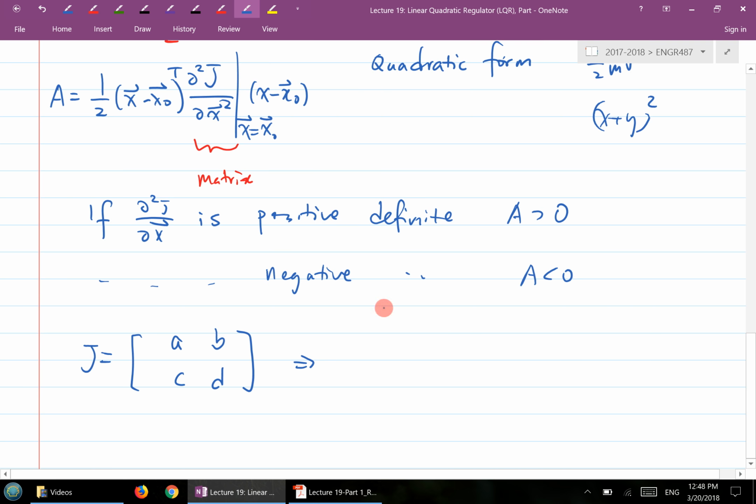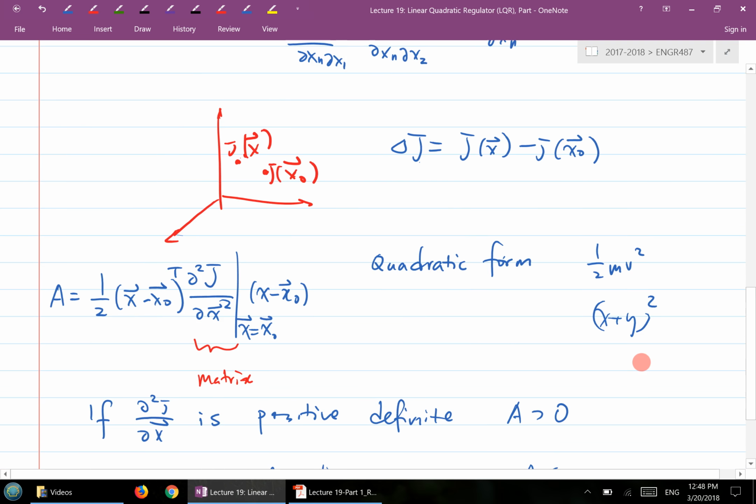You can look at the determinants of all the submatrices. If A is greater than 0 and AD minus BC is greater than 0, then that basically means this is a positive definite matrix. And if G is a scalar, just equal to A, then when A is greater than 0, you get a positive number. So that's the idea of positive definite or negative definite.